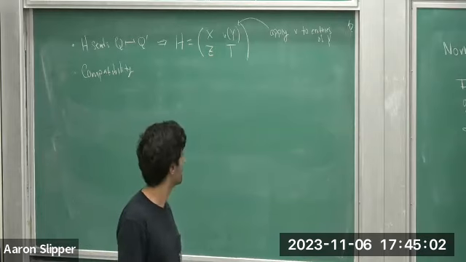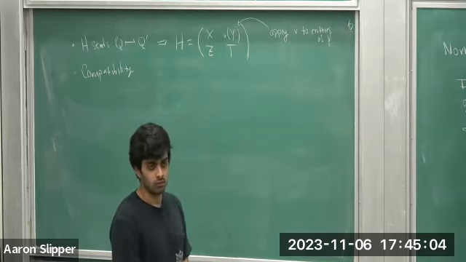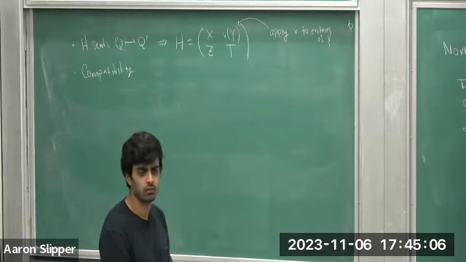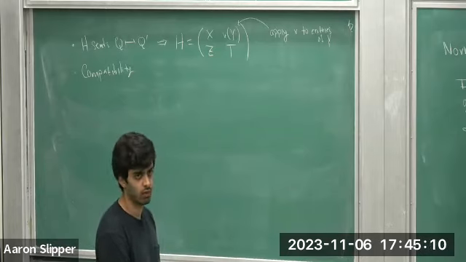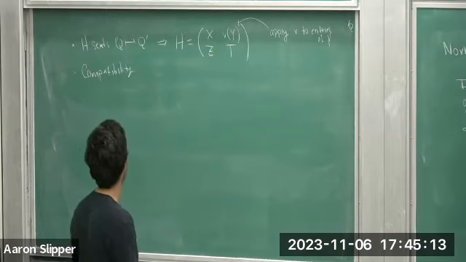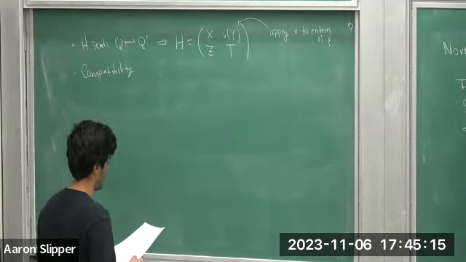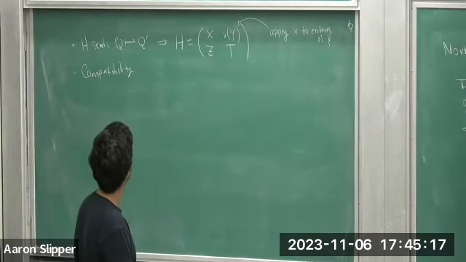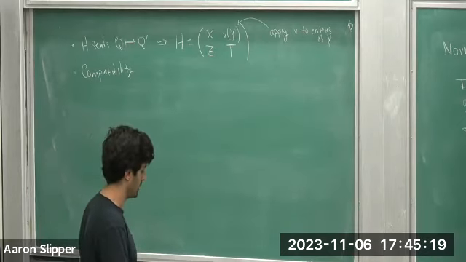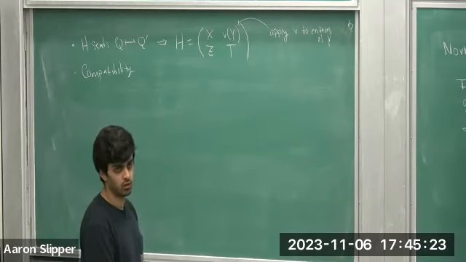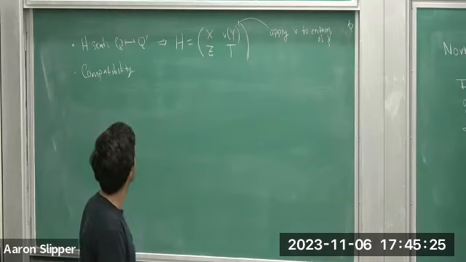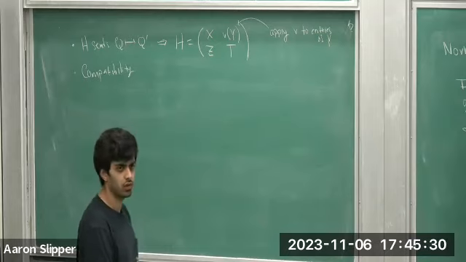In the situation, like if you're over a perfect field of characteristic p, then isn't it C0? So C is the map from L to L. No, T to L, right? Oh, sorry, yeah, C is the map from T to L, which is like this V map. I'm not sure. Do you have a reason?